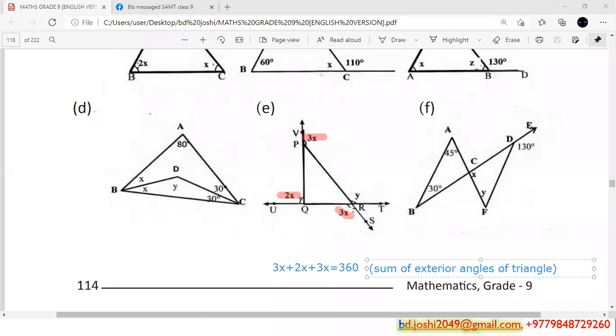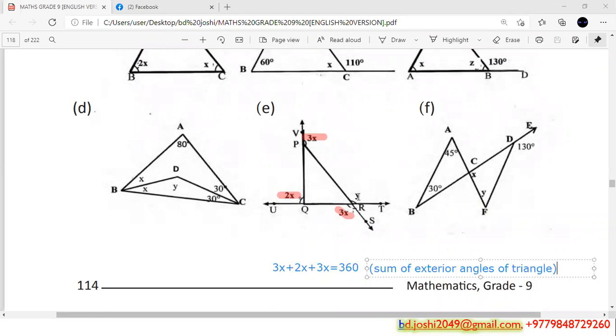From this you will get the value of x. 3x plus 2x plus 3x is total 8x. 8x is equal to 360, and x is equal to 360 divided by 8.